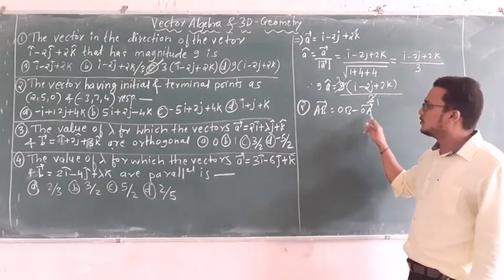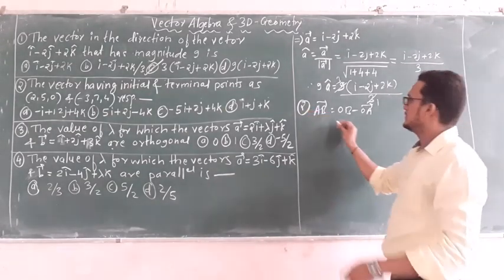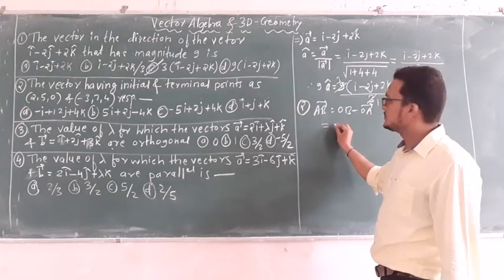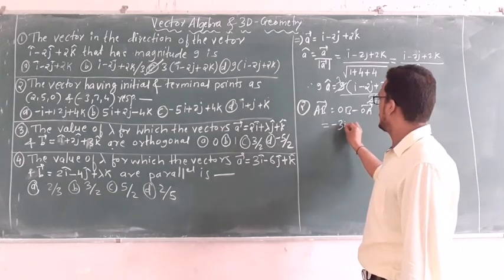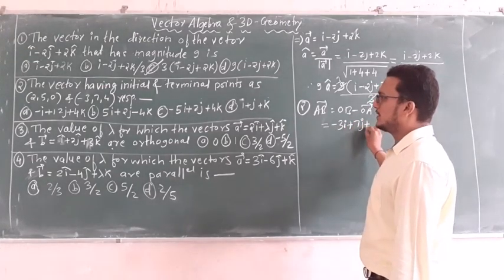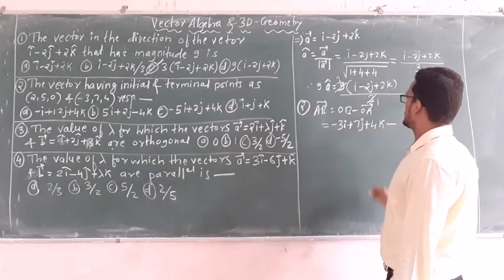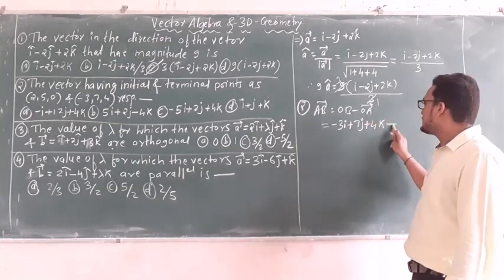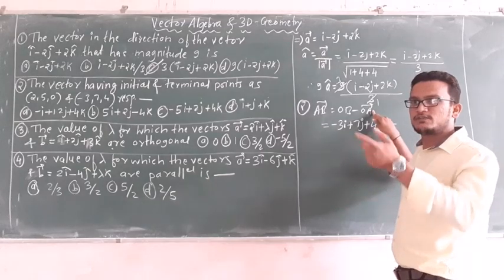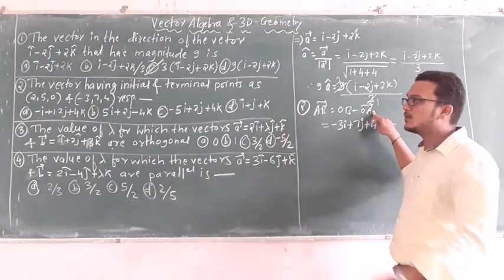OB means the second point, so just write it in vector form. We will get minus 3i plus 7j plus 4k minus OA. See, having the minus sign, whatever we have in the OA vector form, if it is positive it will become negative, if it is negative it will become positive.